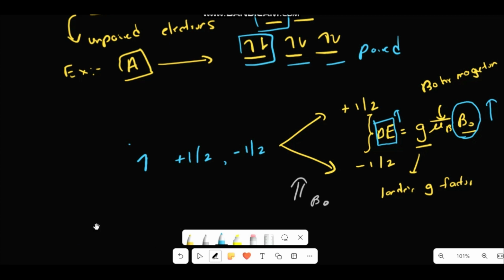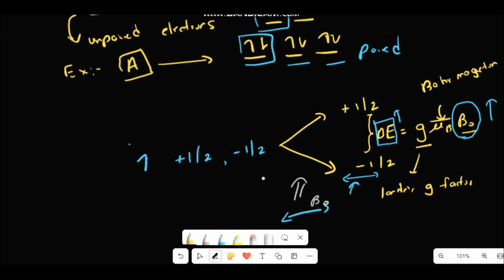Now, after applying this magnetic field, we know the two states have been split by some energy gap. This is the most stable one, so most of the electrons in the sample will be in this state.